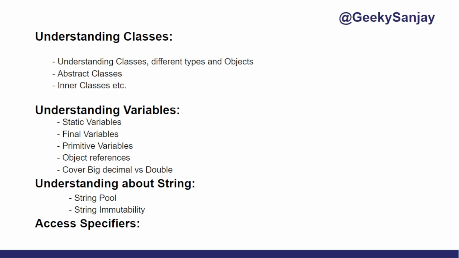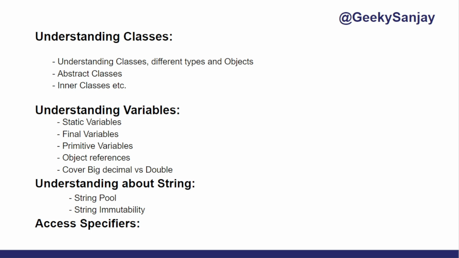And we have access modifiers. As we know, we have different types of access modifiers. Explore access specifiers, which control the visibility and accessibility of classes, methods, and variables in Java. Public can be accessed through any class in any package. Private can be accessed by methods only in the same class.